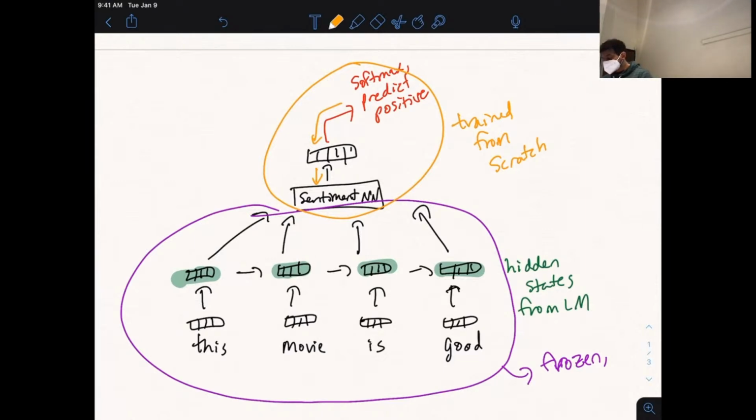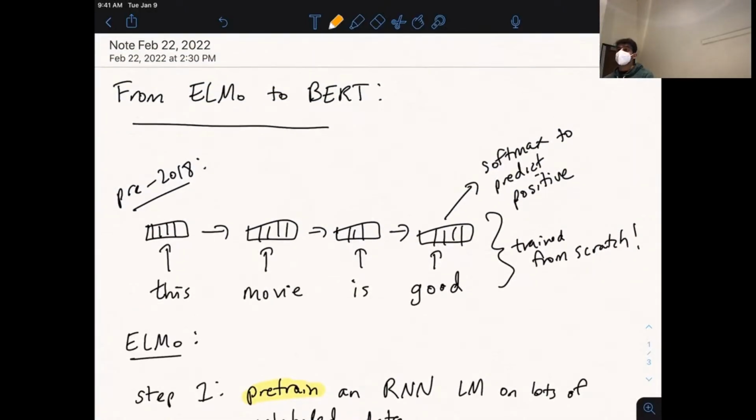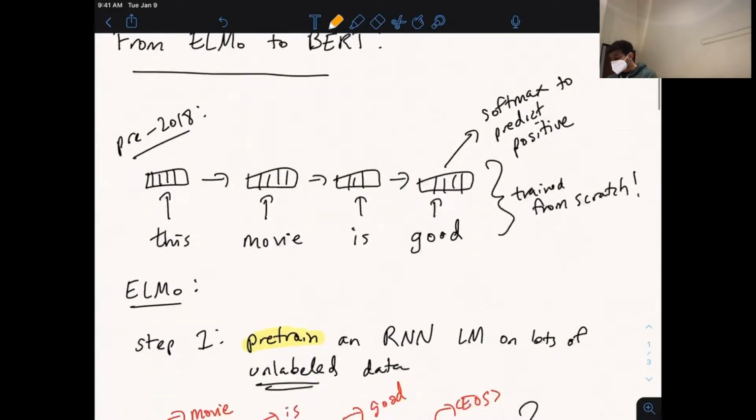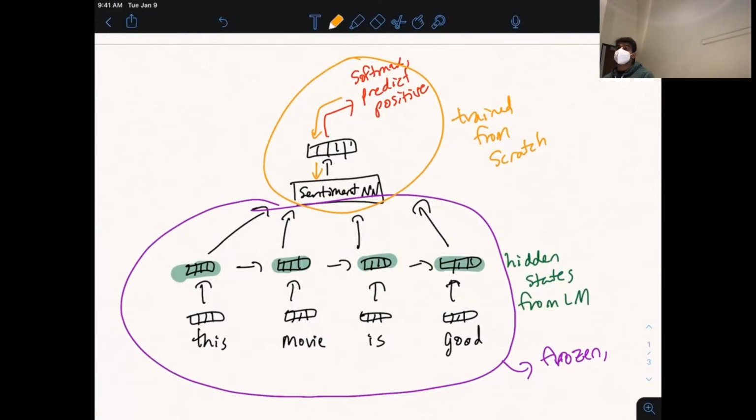So the question is, does this always work? Meaning, is this always better than just doing this, perhaps, and having no language model? In this ELMo paper, our experiments were all on English tasks.